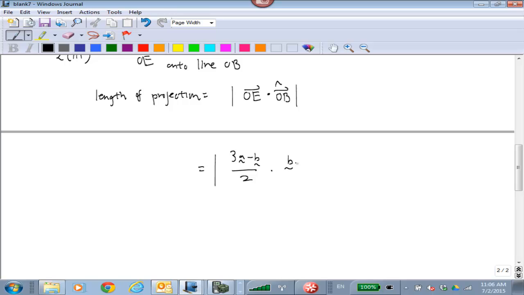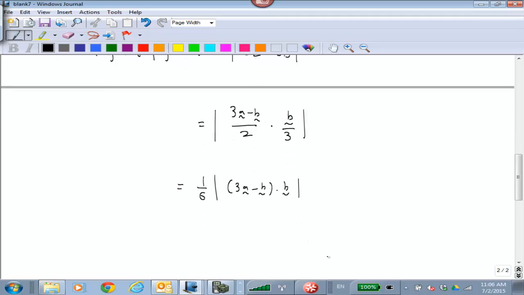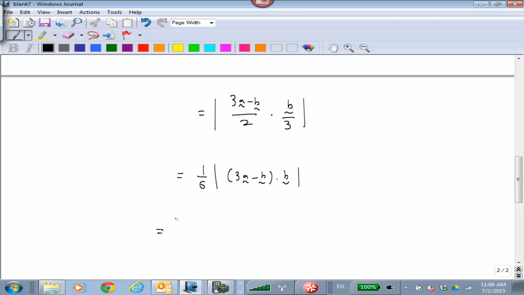Over 3, very good, because what does the question say? The length of B is 3. So what will you do to this 2 and this 3? Take out, very good. It's a multiplier. So you are only left with 3A minus B dot B. Make sense? Okay, so 1/6 of 3A dot B minus B dot B. Agree?